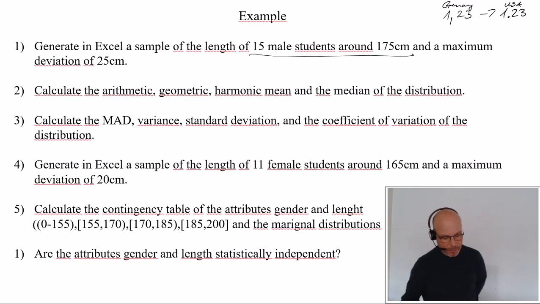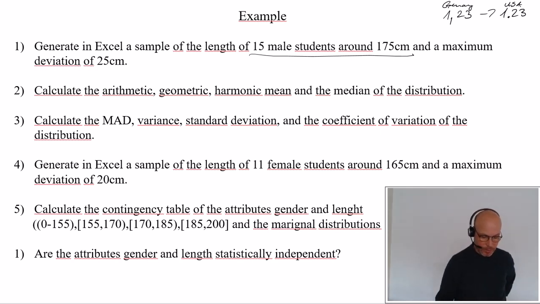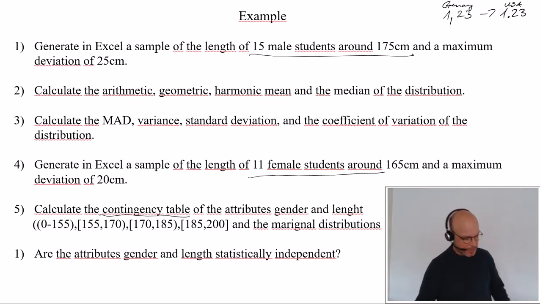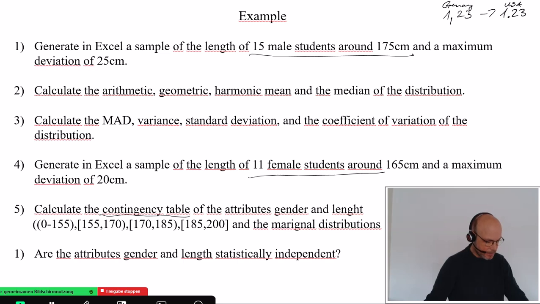And then further on, we want to create another data set, and then we will talk about so-called contingency tables, so correlation between two kinds of data sets.